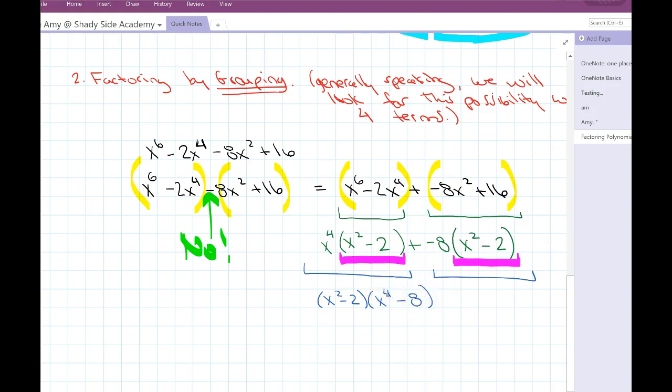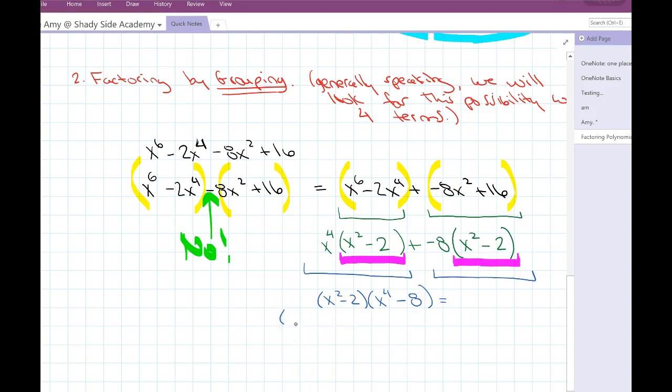And now I'm going to actually go a little farther. I would like you to, if possible, express these two quadratic and degree 4 factors as linear factors. In other words, can I factor x squared minus 2 further if I allow for the possibility of irrational terms?